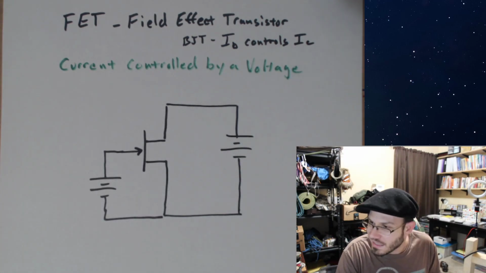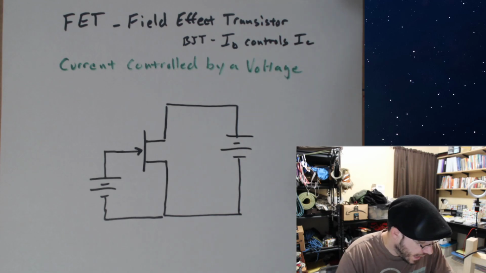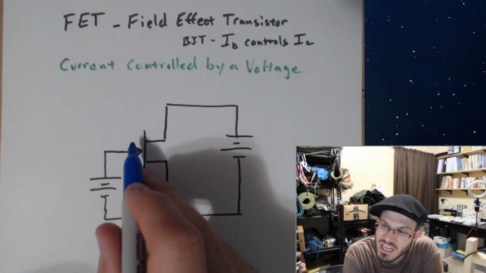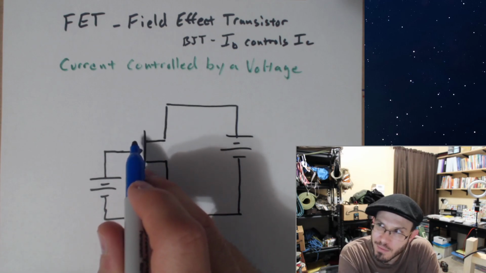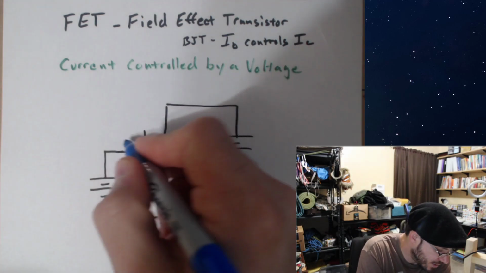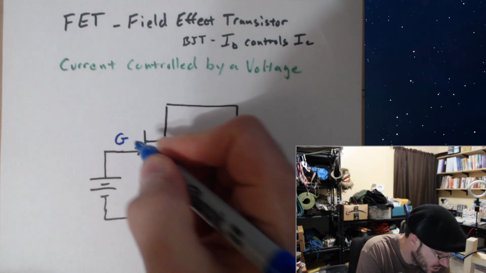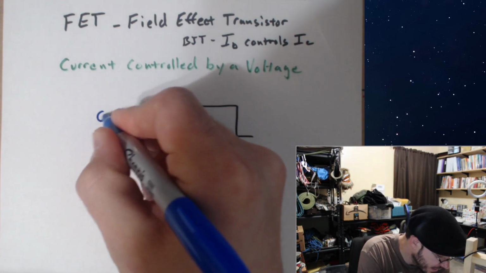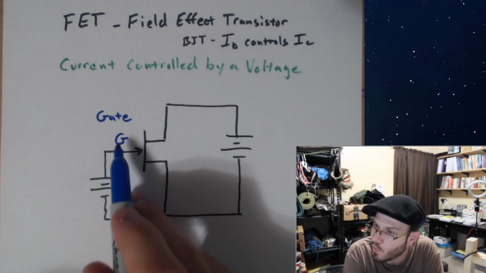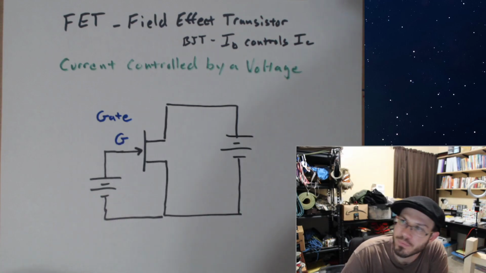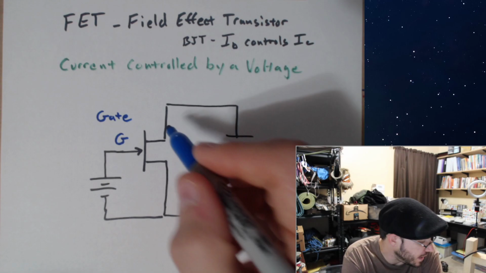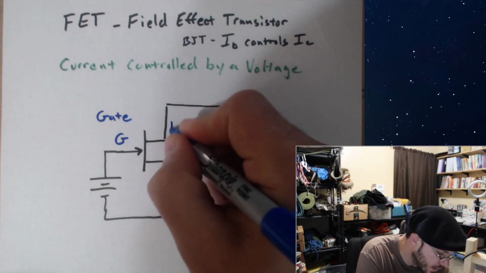I need to give some names for these. The input is not going to be the base. The BJT had its input called the base. For a field effect transistor, that input is actually referred to as the gate, and we'll just denote that with a G. Up here is not the collector, up here is the drain.